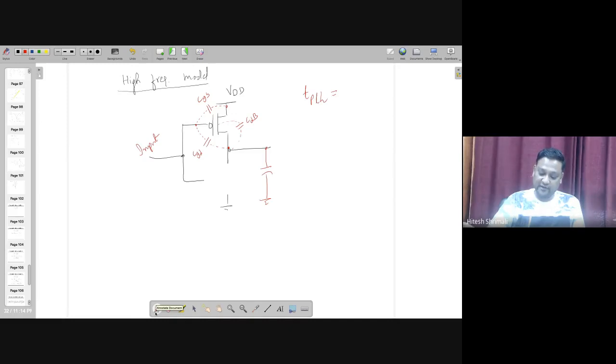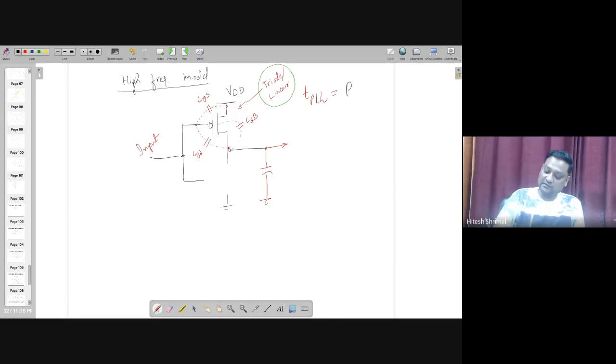So if we are deriving the propagation delay with that assumption, first of all, we need to find out the resistance of this particular transistor. That resistance is going to be the on resistance of this transistor, with the fact that this transistor is in triode mode of operation, or the linear, because that is the expected thing from this PMOS, because I'm interested in a design where complete VDD will be transferred over here without making any mistake.